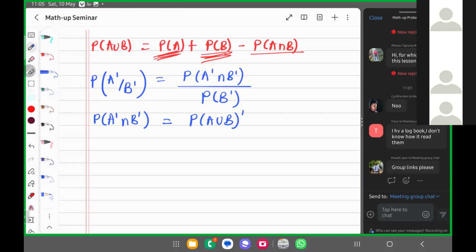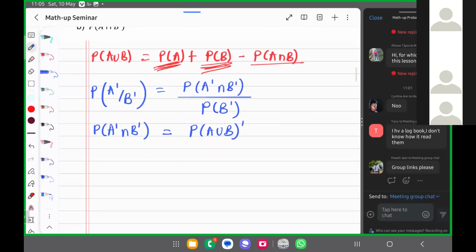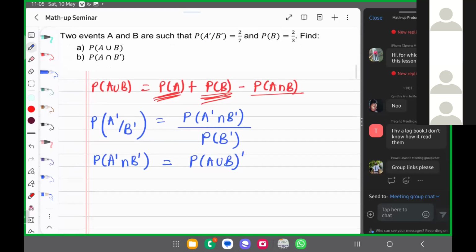We saw that as we were deriving while using the sets method. I hope that's clear. So we can use that to help us get the probability of A union B.